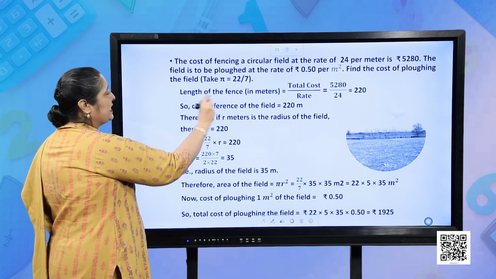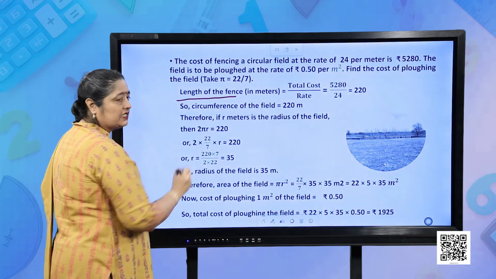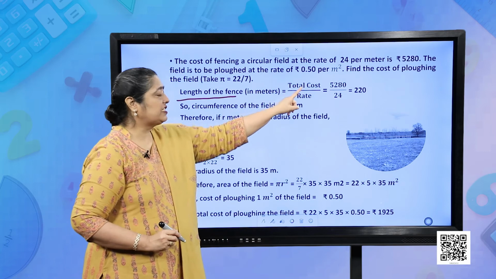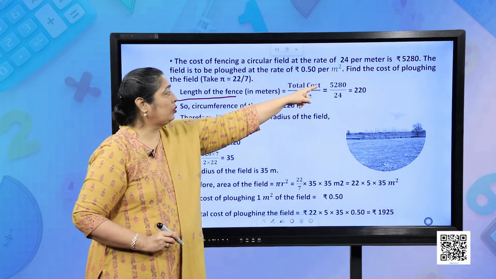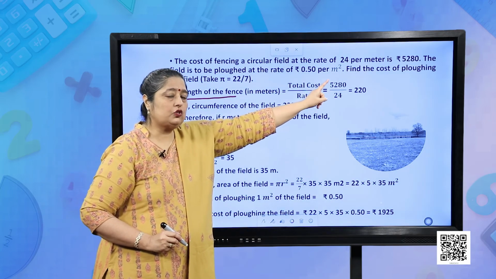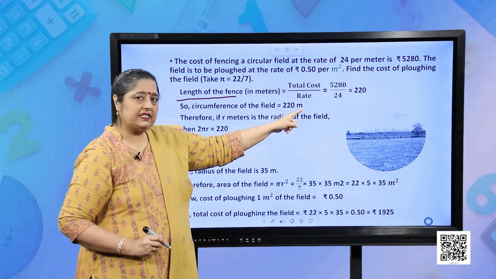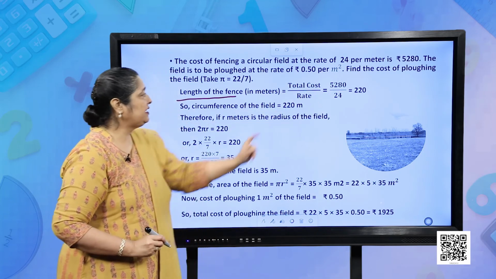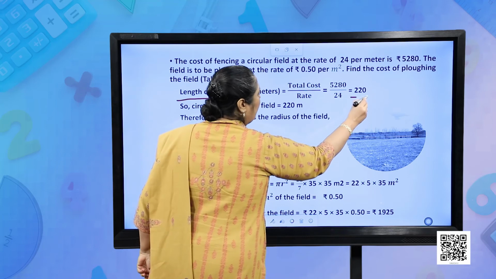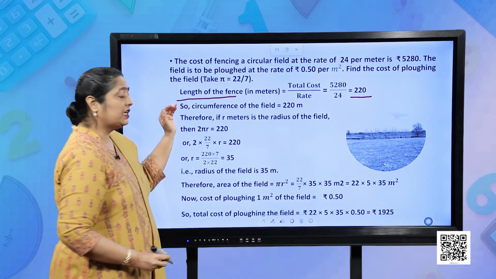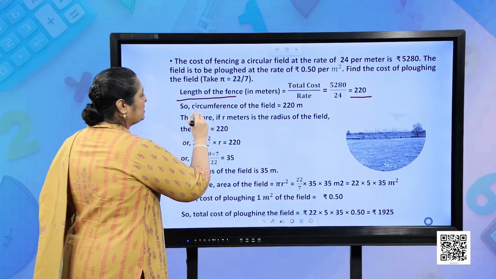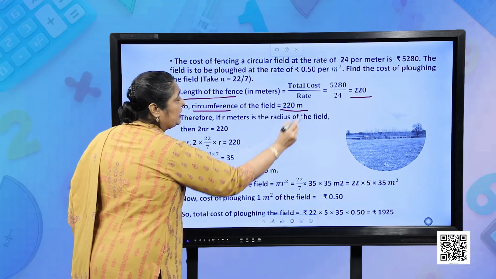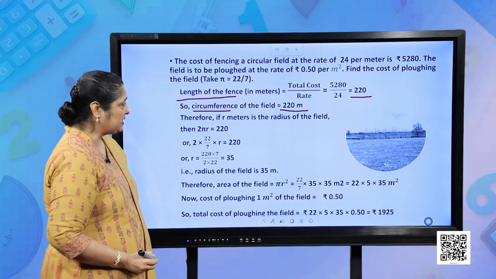The length of the fence in meters will be the total cost divided by the rate. The total cost is 5,280, whereas the rate is 24. Dividing these two, we get 220. So, the circumference of the field will be 220 meters.